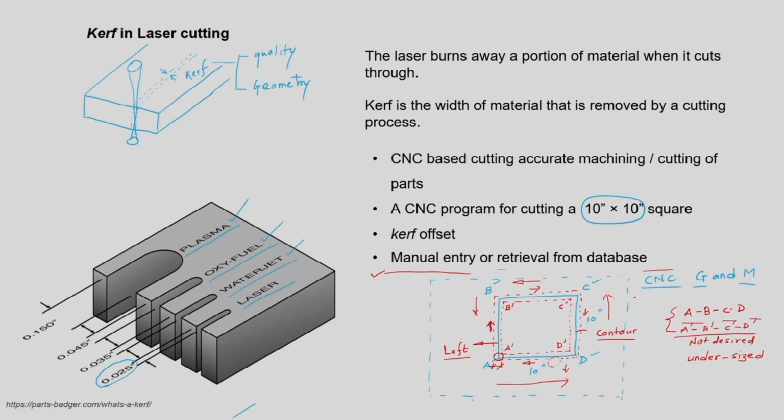It is dependent upon the material and the thickness, or the engineer or the process technician will get the data from the handbook and enter it manually inside the CNC code. Once you apply this curve width, you will get the accurate geometry that you want. Therefore, the curve width must be considered during the part programming of CNC based laser cutting.